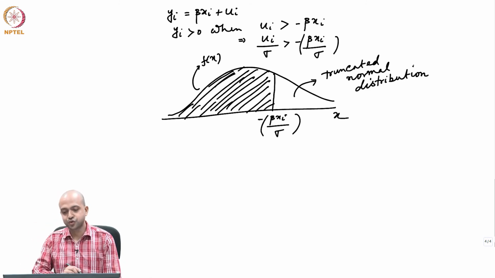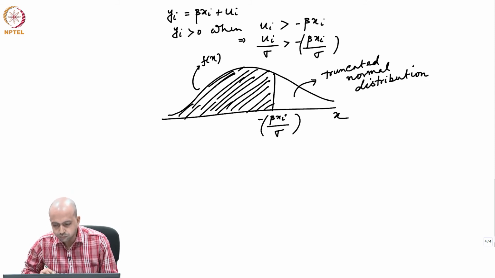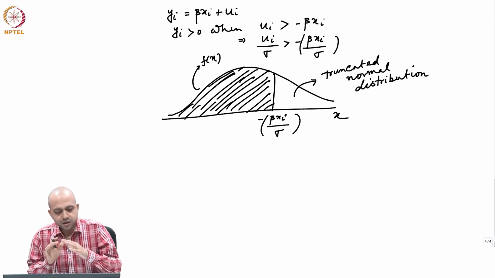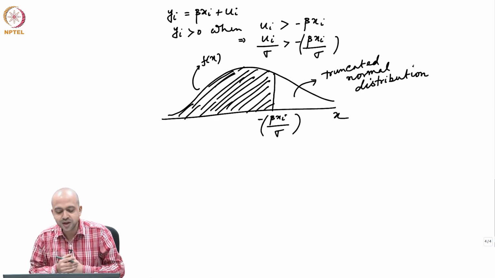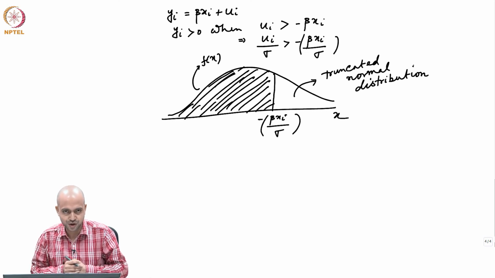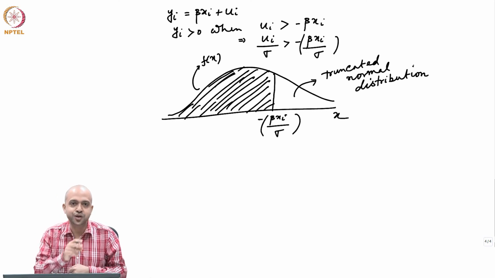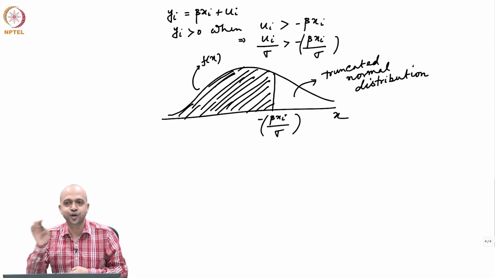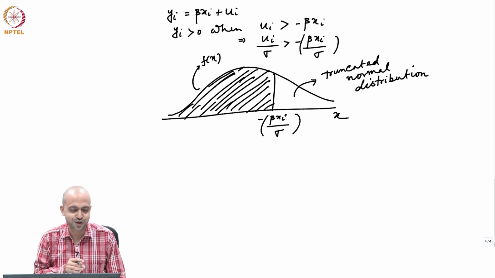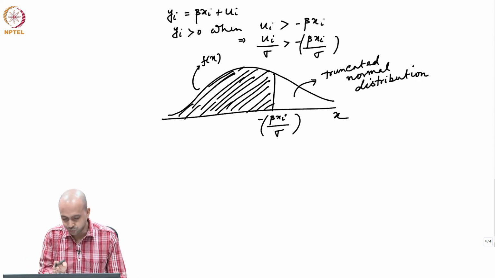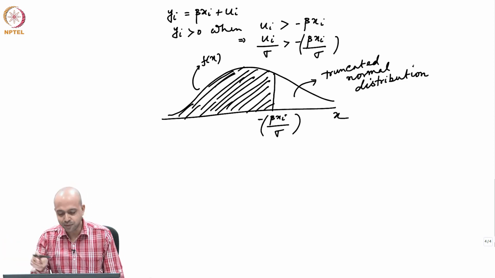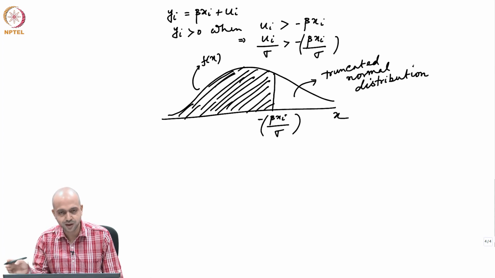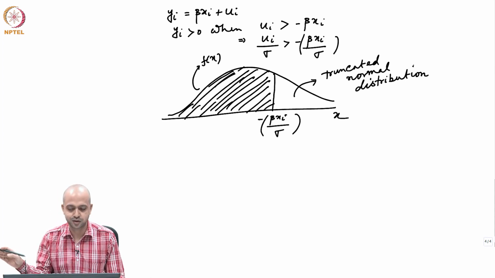You are trying to apply OLS in a situation where ui follows a truncated normal distribution, while OLS requires ui to follow a normal or standard normal distribution. That is why removing this set of observations and then applying OLS for the remaining is not appropriate.